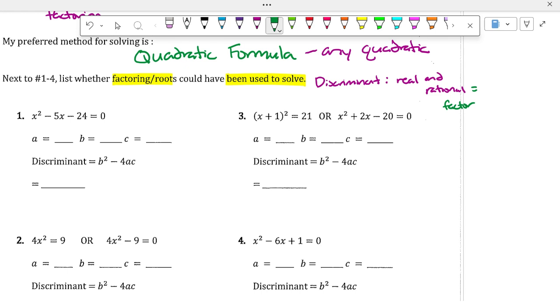If it's positive, it's real. Negative is not real, it's imaginary. And 0 is also real, you just have 1 instead of 2. So, real for discriminant is a positive discriminant or discriminant equal to 0.